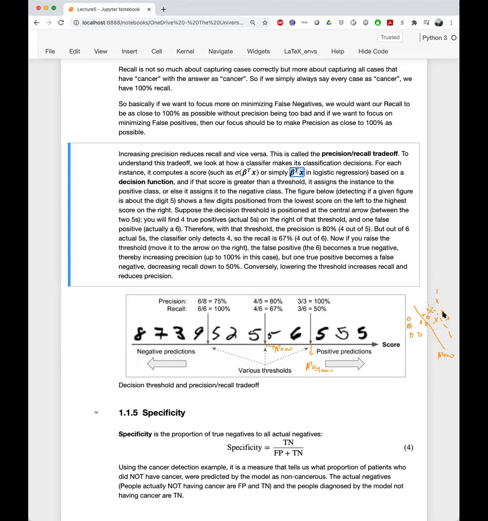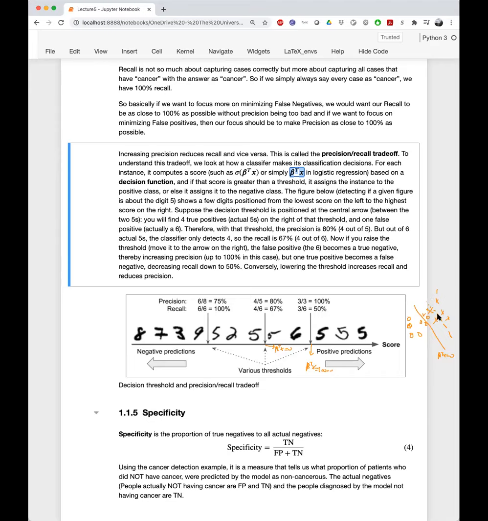We predict these 3 cases as positive, and they're truly positive. But if the threshold is here, corresponding to beta transpose x equal to 0, then your precision is not 100% because this case is predicted as positive, but it's actually not positive. So you have a false positive case, and your precision is less than 100%.